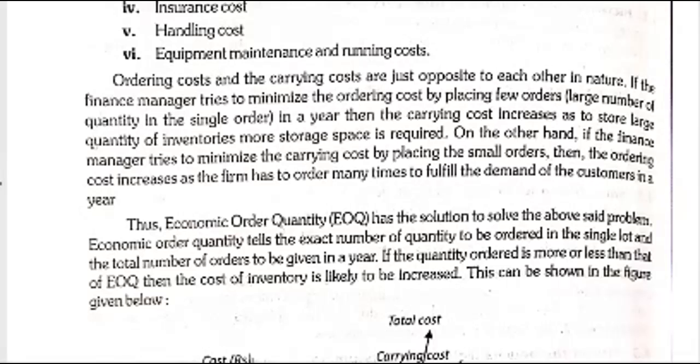Thus, minimization of ordering cost results in increase of storage cost, or vice versa. On the other hand, if the finance manager wants to minimize storage cost, then ordering cost increases. Thus, these two costs are opposite in nature. They are just vice versa to each other.